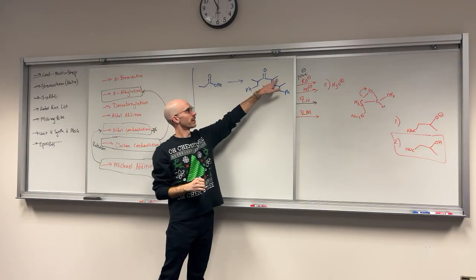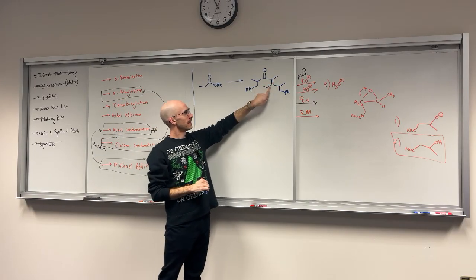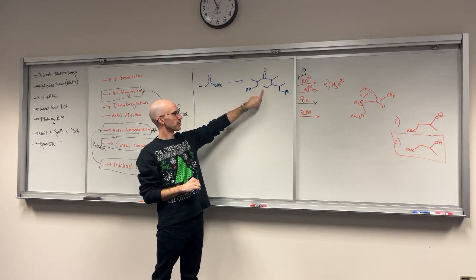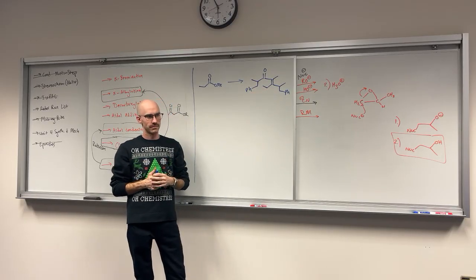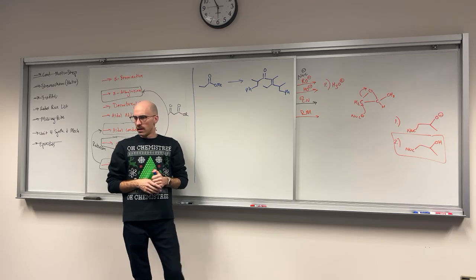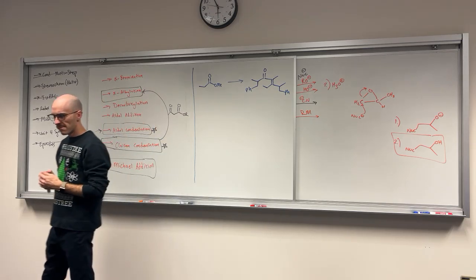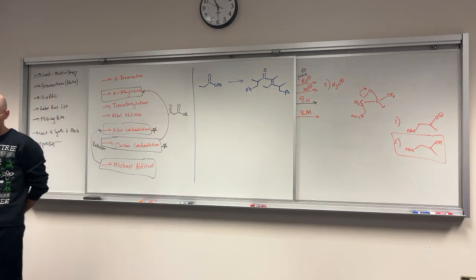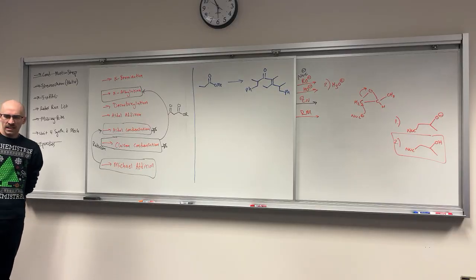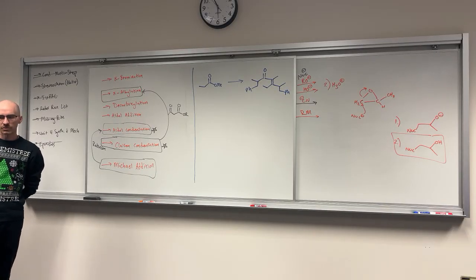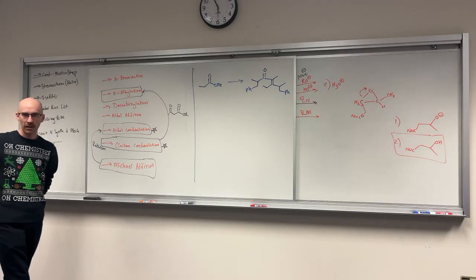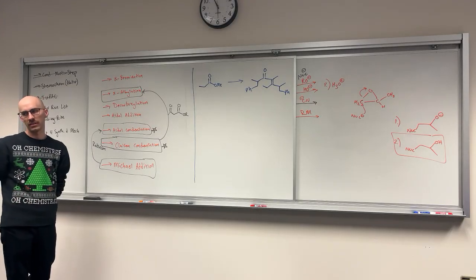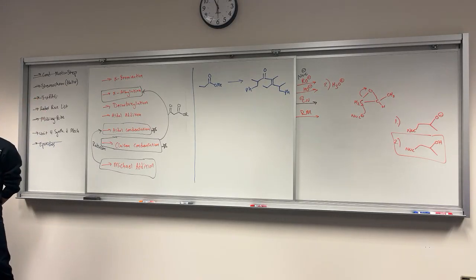So I added a carbon on the alkene, and I added a carbon just past the alkene. Try not to introduce organometallics in the presence of a carbonyl, because organometallics will preferentially attack at the carbonyl carbon.